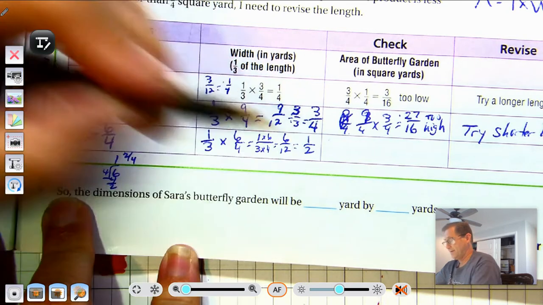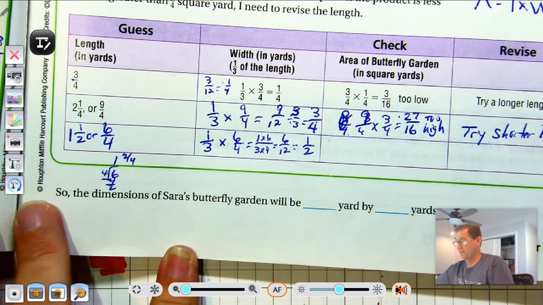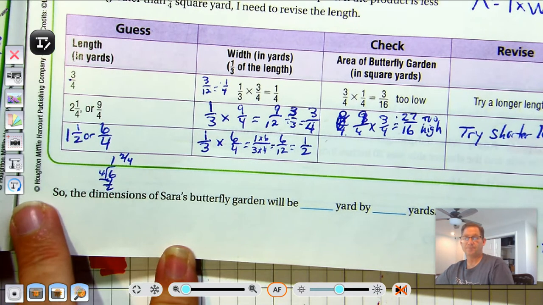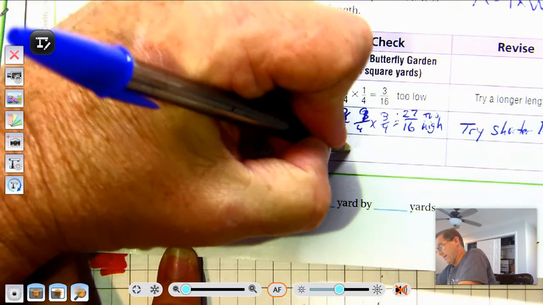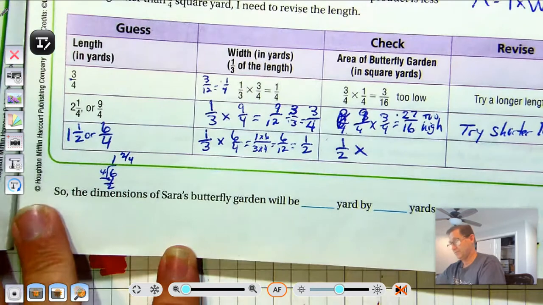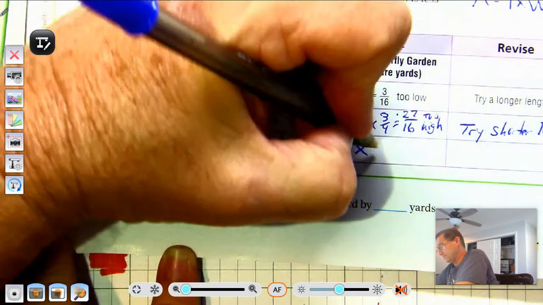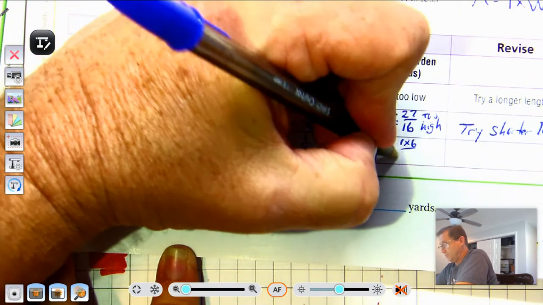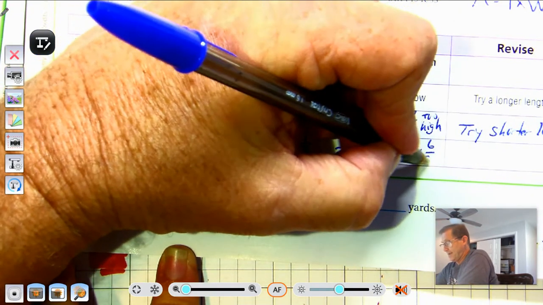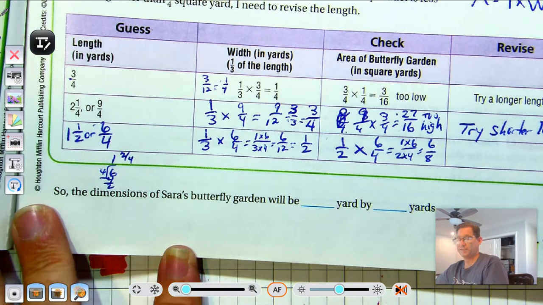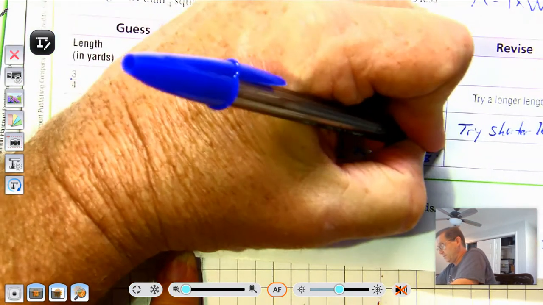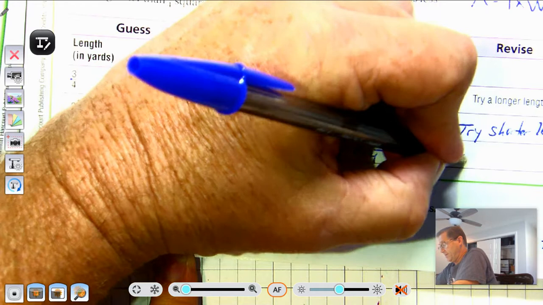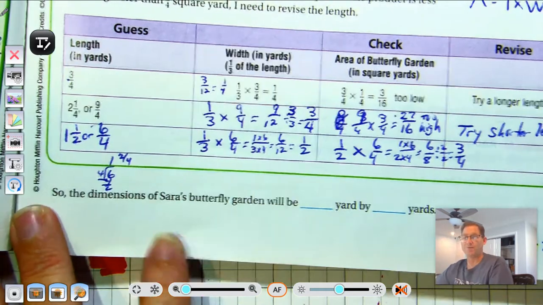So we're saying the width is a half. All right, so let's do this. 1/2 times 6/4. Well, 1 times 6 over 2 times 4 is 6/8. What can you reduce 6/8 by? By a factor of 2. We would get 3/4. Hey, that's what we wanted, right?